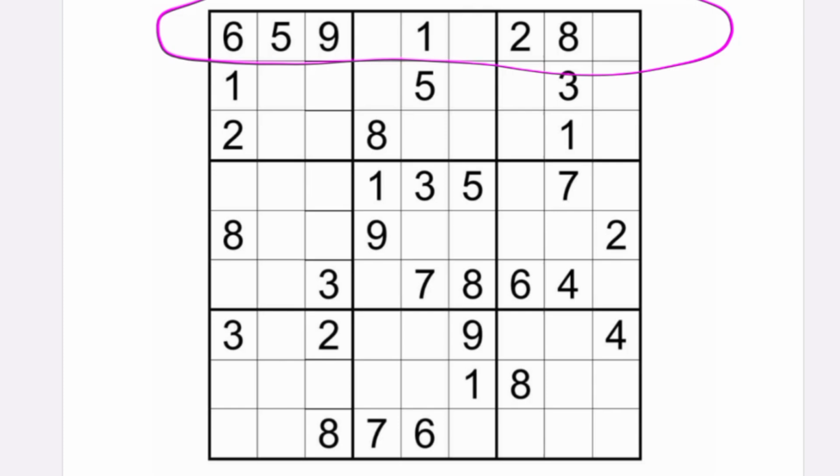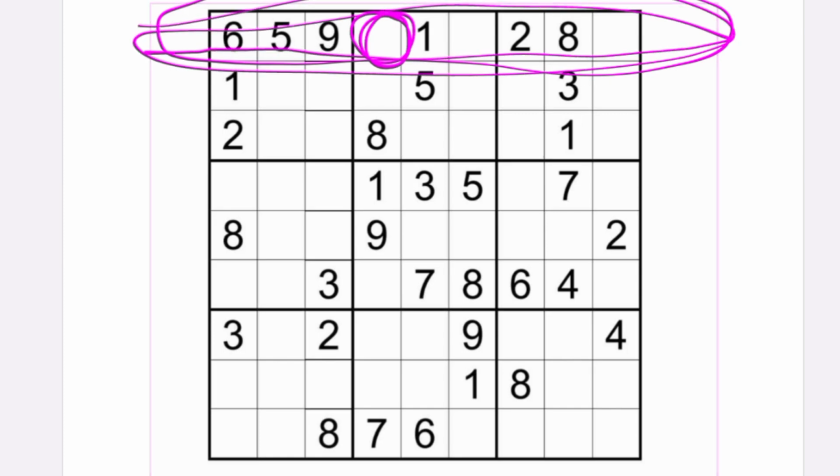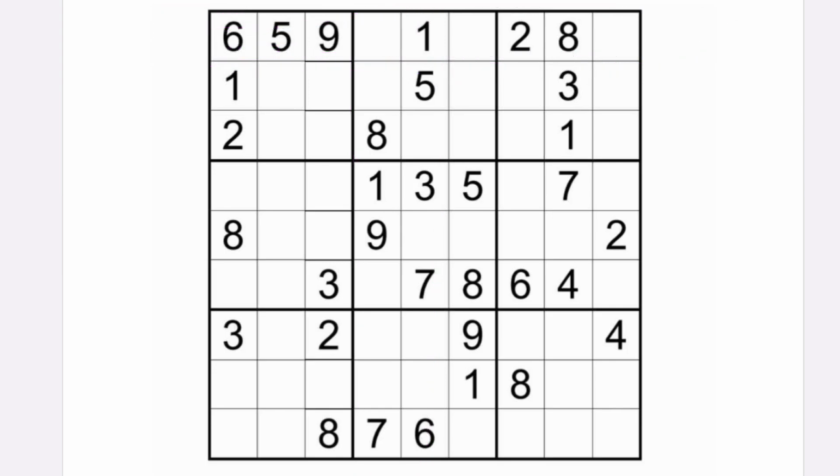Before we put the number 3, let us check first if there is a repetition. In the first column, the first row, there's no repetition. How about this row? There is no number 3 also. So let's put number 3 because it's safe.